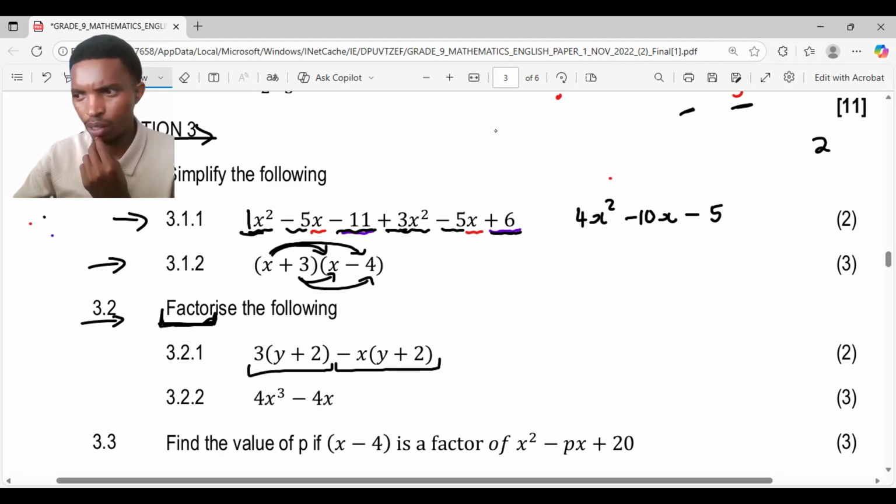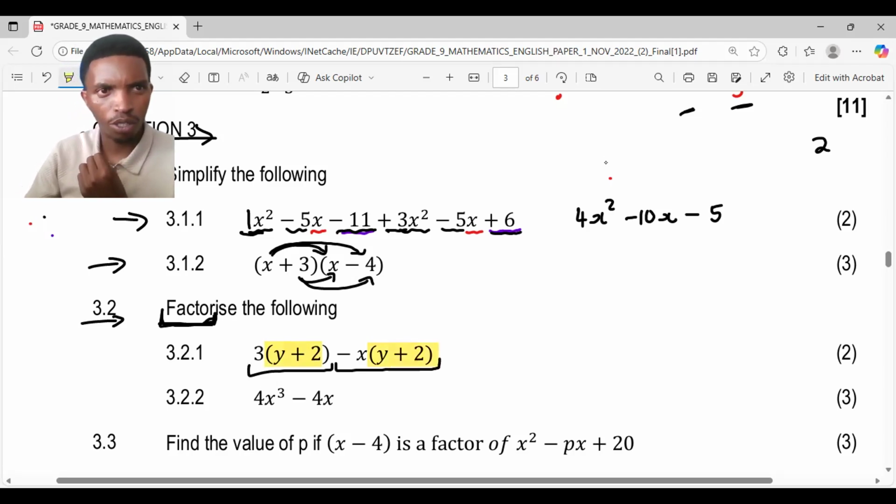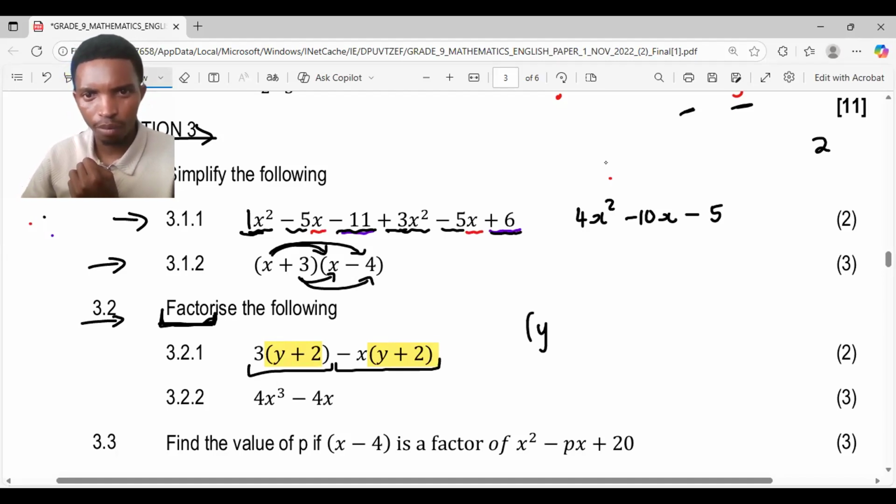Our brackets, right? Yes, sir. This bracket is the same as that bracket. So now we're going to take that bracket out. Our bracket is y plus 2.